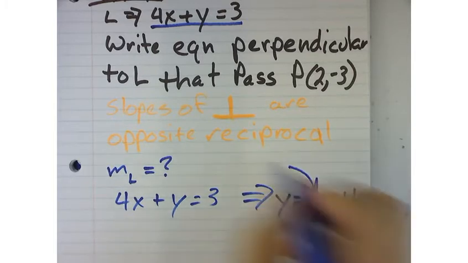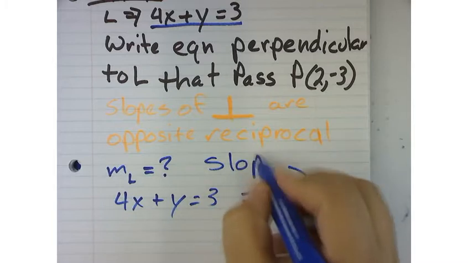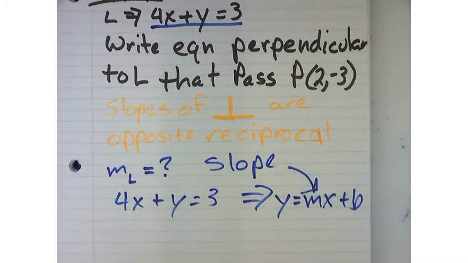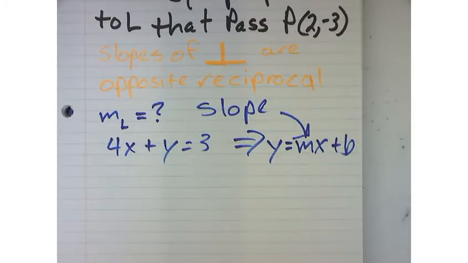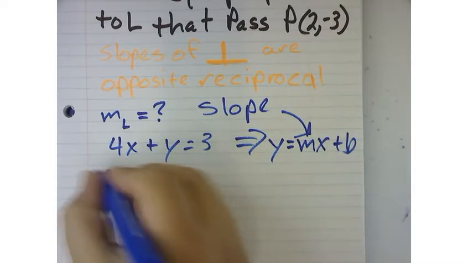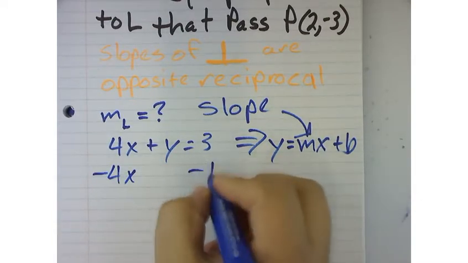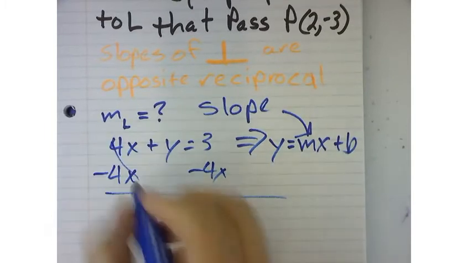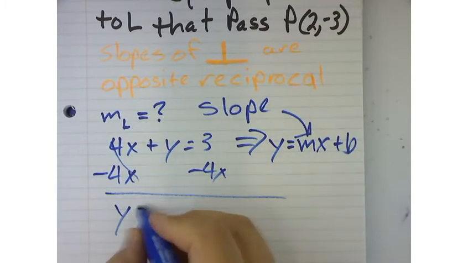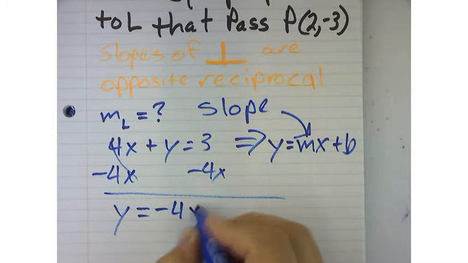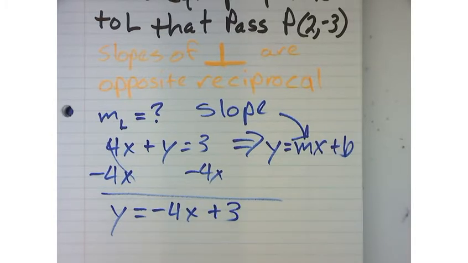Well, because this is the slope. So you tell me what I do first. Subtract 4x from both sides. Good. Y is by itself already. Well, that's good. I'm done, right? Nope.